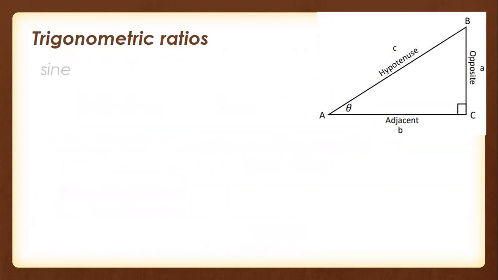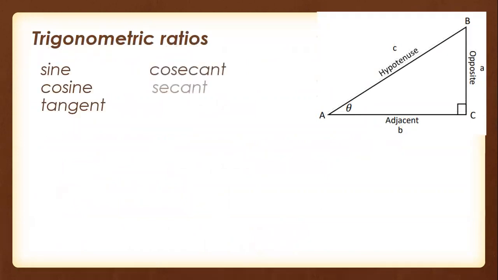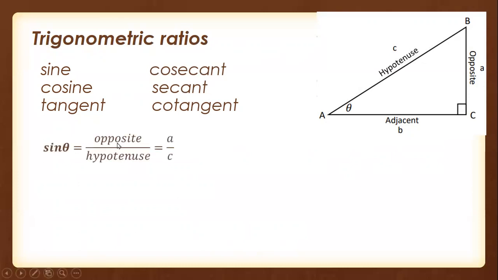So, we have six trigonometric ratios. We have sine, cosine, tangent, cosecant, secant, cotangent. Okay, so, the formulas to get these six trigonometric ratios: first, sine theta, opposite over hypotenuse. Cosine theta, adjacent over hypotenuse.